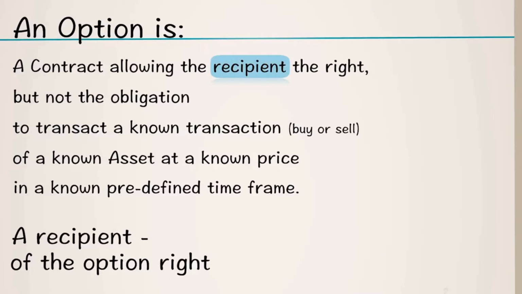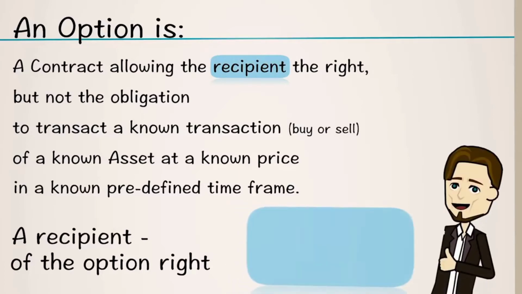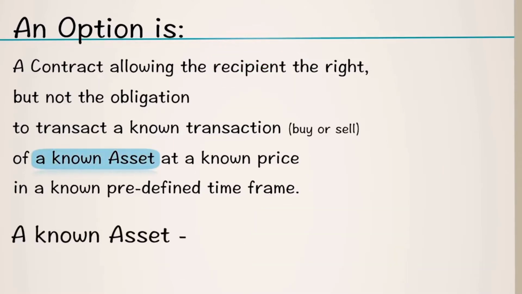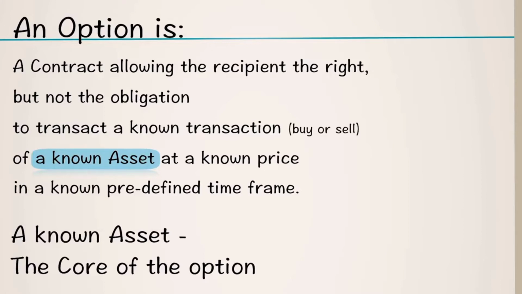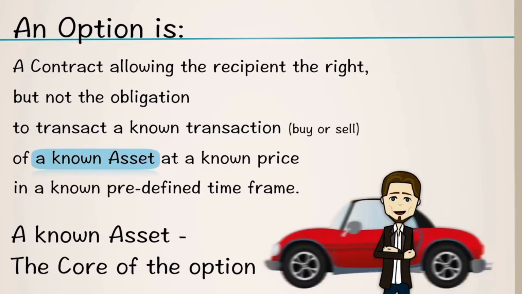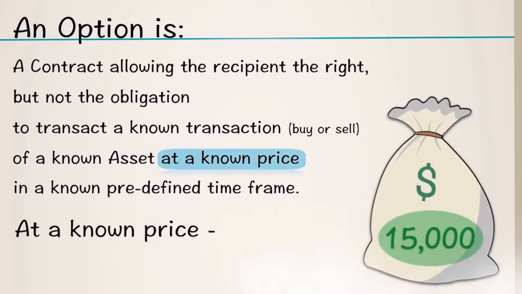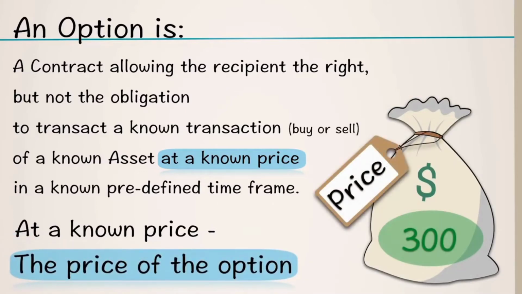In our case, it is Bill, also called the option buyer or the option holder. A known asset, the core of the option. In our case, it's Bill's opportunity to buy the car from Jane. At a known price, $15,000, also called the strike, and $300, which is the price of the option.